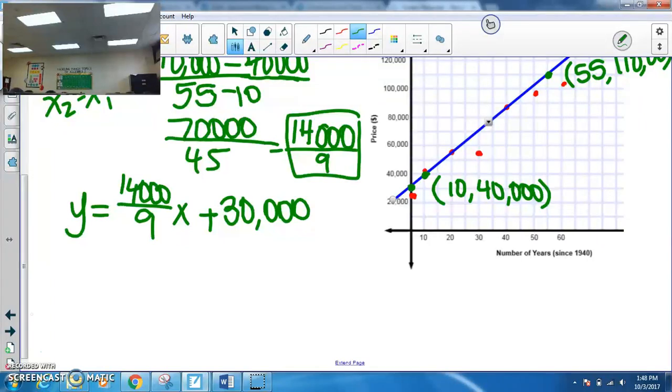In order to find the median price in 2020, how many years is 2020 from 1940? That would be 80 years. So I'm going to plug in 80 for x.